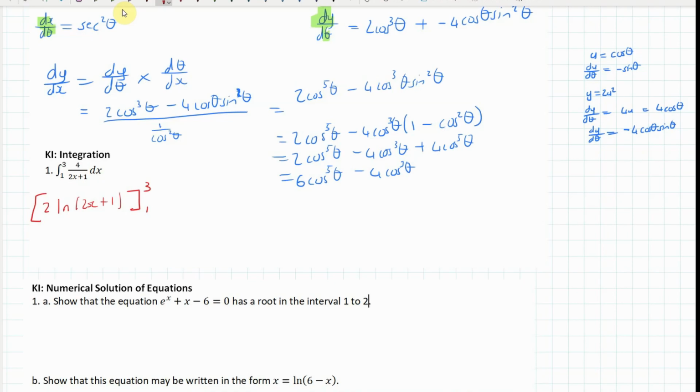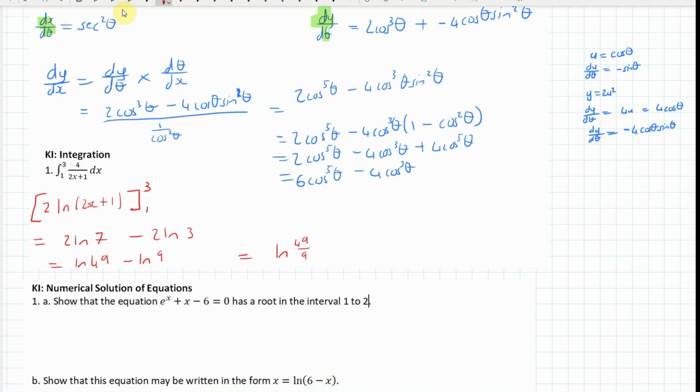That gives me 2 ln, 2 times 3 is 6 plus 1 is 7, so 2 ln 7, take away 2 ln 3, which is like saying ln 49, because 7 squared, take away ln 9, which is 3 squared, and another way of writing that is ln 49 over 9.